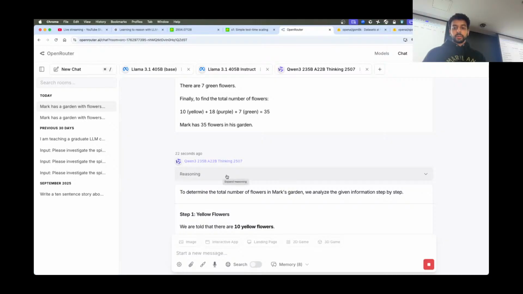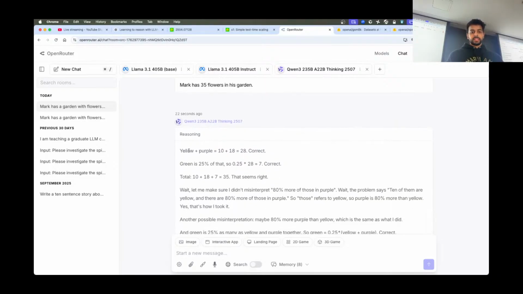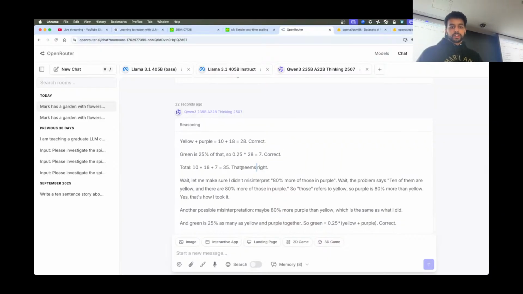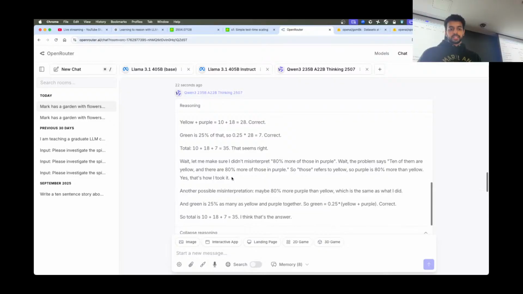But if we compare this to the Llama response, here we see the separate box for the reasoning tokens. These are the tokens that the model generated between those think and end-think tags. It says yellow plus purple equals 10 plus 18 equals 28, correct. So it seems to be trying to verify its own intermediate responses. That seems right. And then you'll see, wait, let me make sure I didn't misinterpret this. Wait, the problem says, yes, that's how I took it.